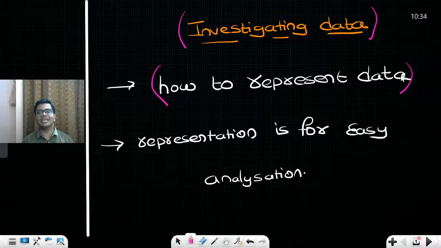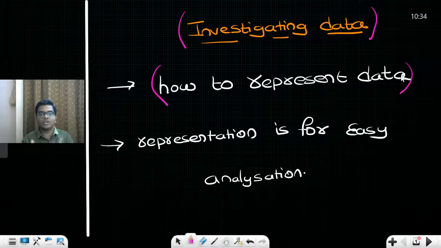You will take the information from the citizens of the country, whether you got vaccinated or not, yes or no. Once the information is taken, it has to be represented in such a way that people, by seeing it, will understand, okay, this much percentage got vaccinated, this much percentage did not get vaccinated.